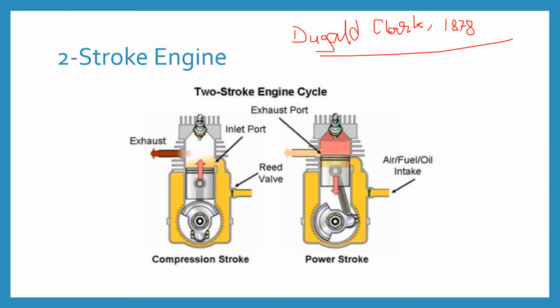So two strokes are sufficient to complete the cycle: one for compressing the fresh charge, and the other for expansion or the power stroke. So students, the two-stroke consists of the compression stroke and the power stroke. It is to be noted that the effective stroke is reduced.